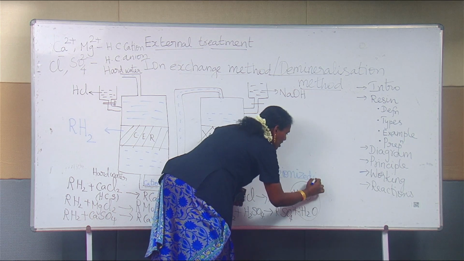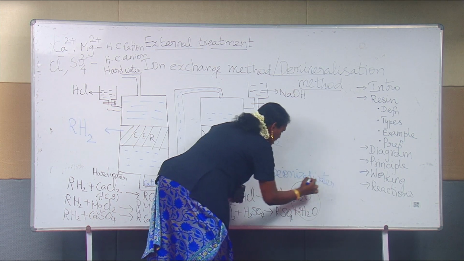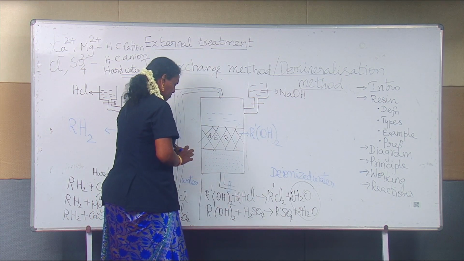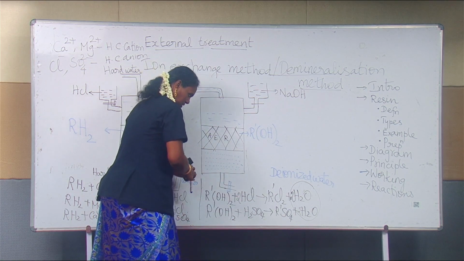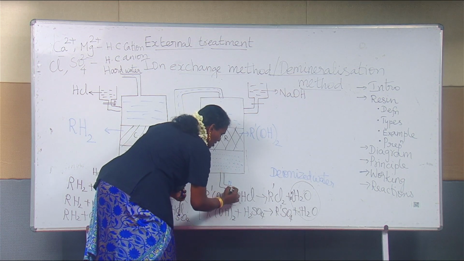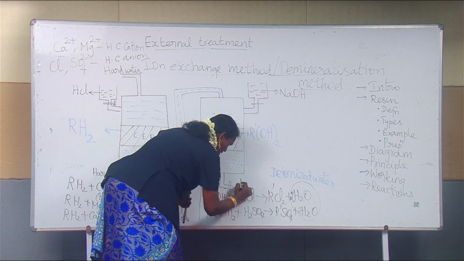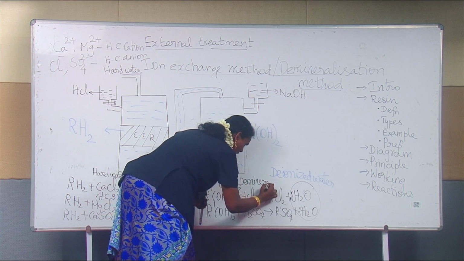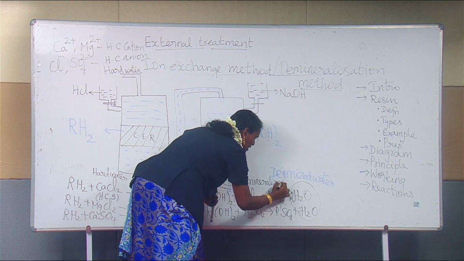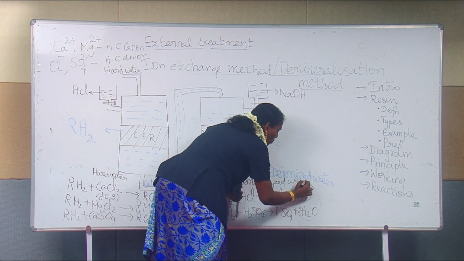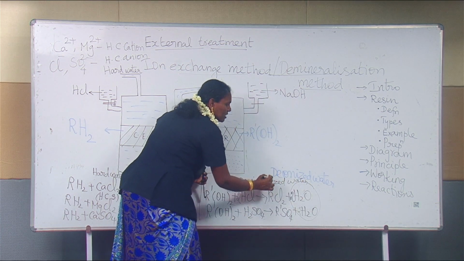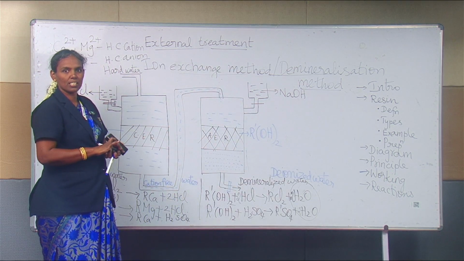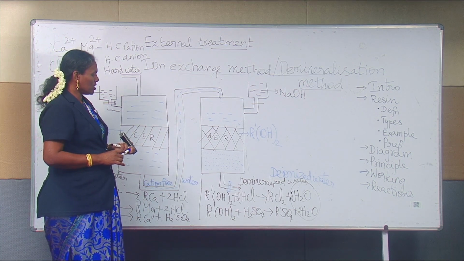Where does it come out? Here. The outlet water is called demineralized water or deionized water. Clear for all? So this is the process of the ion exchange method.